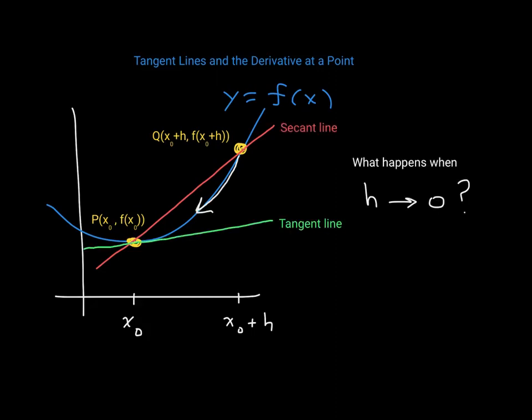As h approaches 0, point Q is approaching point P, and these secant lines are approaching the tangent line. And so what we say is the slope of the curve at point P is the limit as h goes to 0 of the slope of these secant lines. This is how we write it.